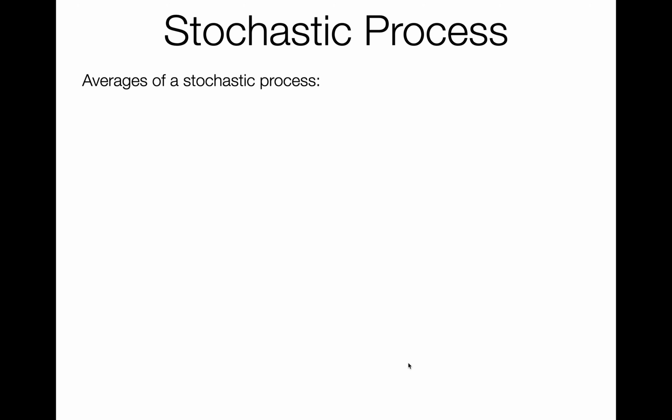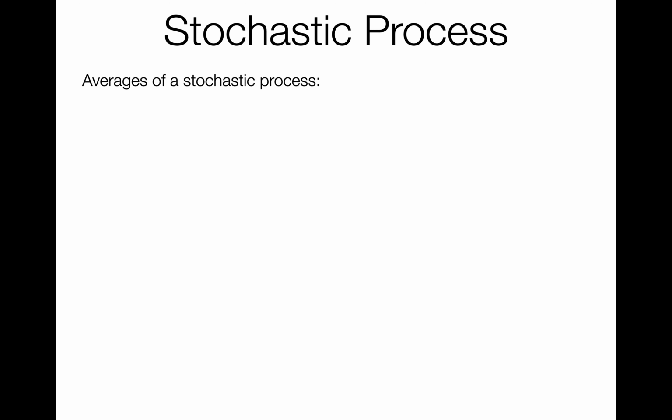And the first property that we look at is the mean, or the average. And so the question becomes, what is the mean, or what is the average of a stochastic process? And you have to think about, when you ask that question, what does the mean mean?